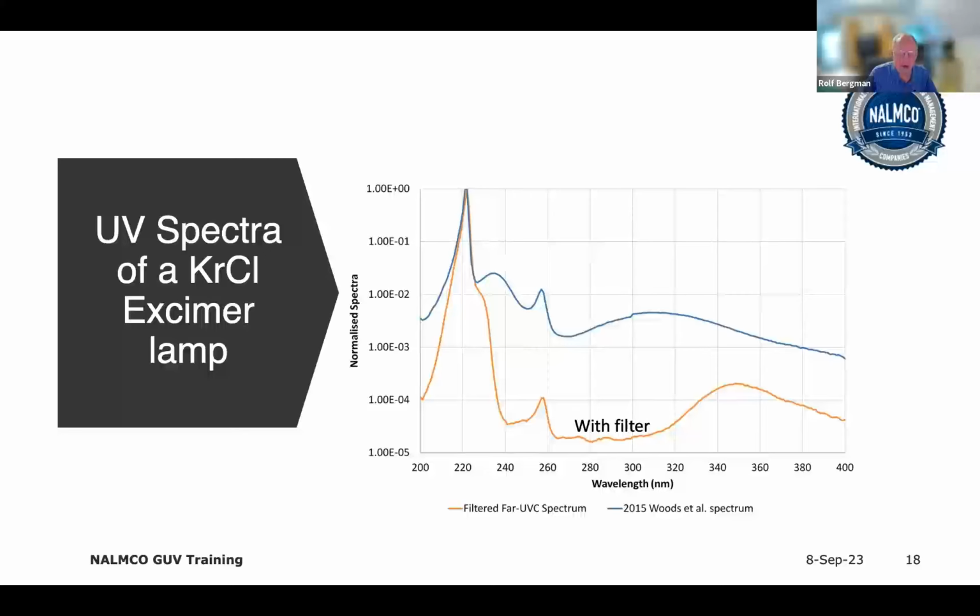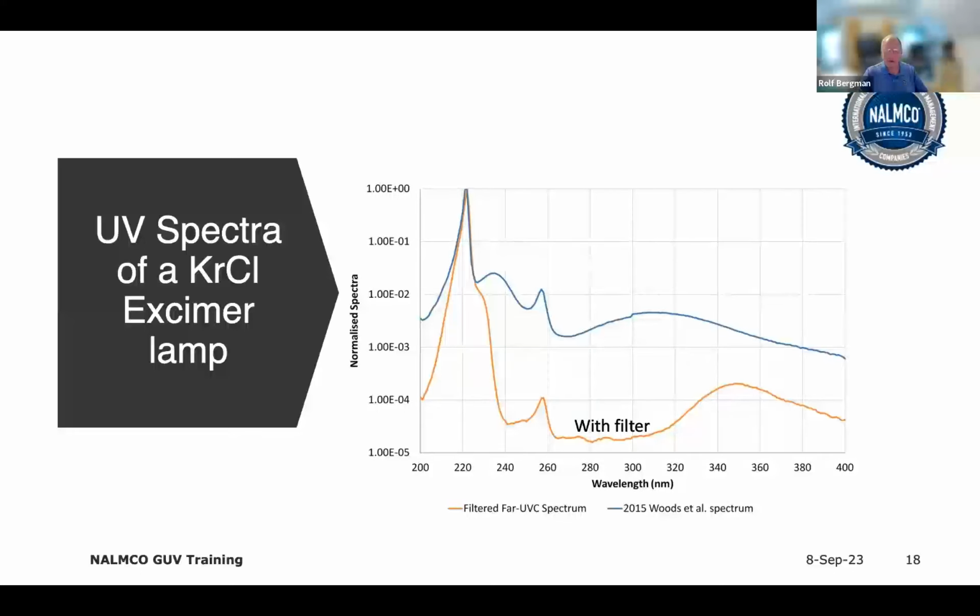So you see that a filter was developed that is placed over the top of the lamps, and this filter acts to cut down the radiation above 230 by about 1 to 2 orders of magnitude.